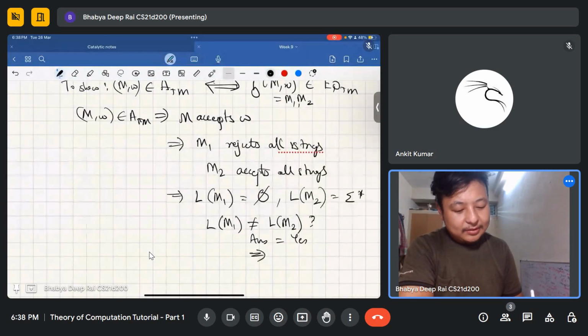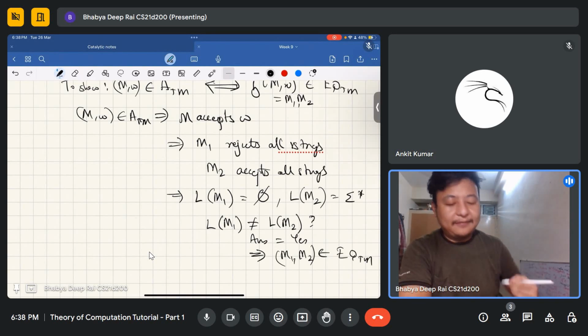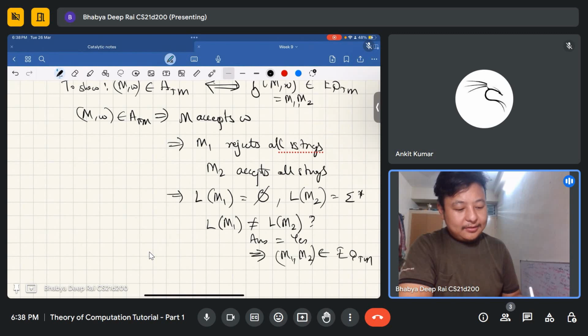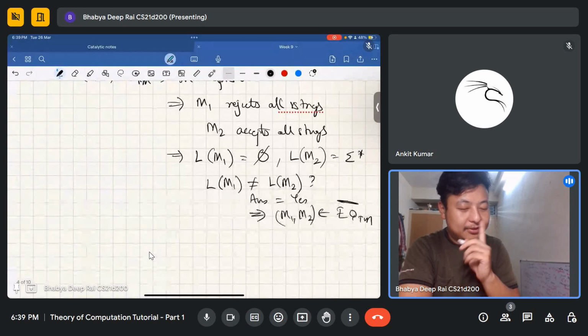So M1, M2 belongs to EQTM, that is F of MW belongs to EQTM bar. They are not equal. The languages are not the same.